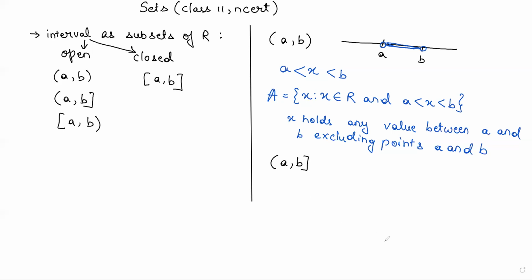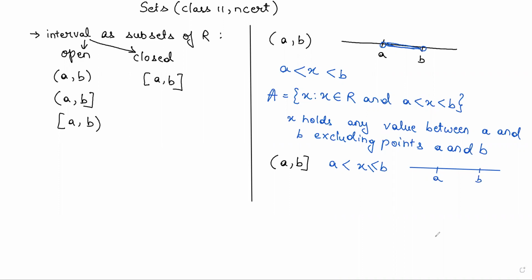This can be represented in inequality as A less than x less than or equal to B. So x lies between A and B, but now B is included. On the number line, if you consider 2 points A and B, A is on the left hand side of your interval, so A is the smaller value and B is the bigger value.